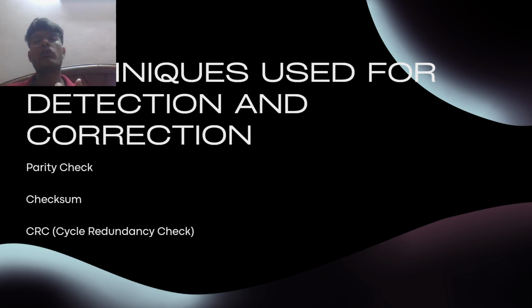So what is a parity? Parity basically means that we are adding a new bit to make the number of ones either even or odd according to our needs. Then we send it to the receiver, where it is converted into D dash and EDC dash.